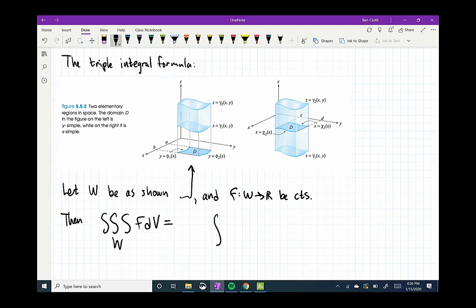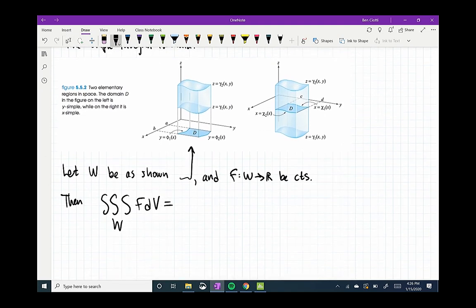It's going to be iterated. It'll be 3 integrals. Which one do we do first? First, we do the one that's between the function of the other 2 variables, which in this case is the z integral.